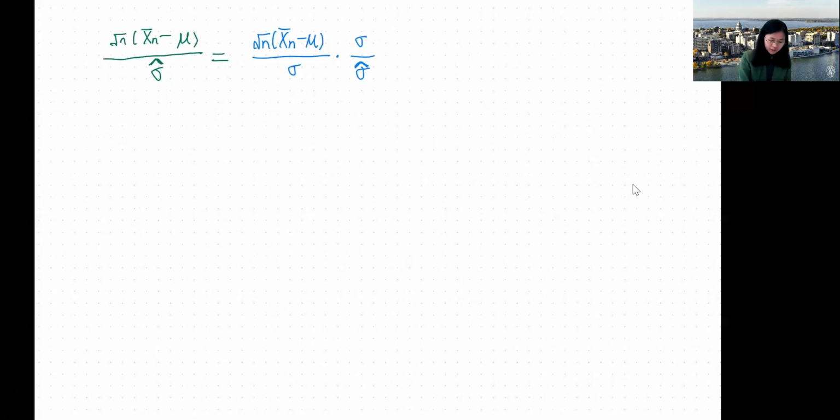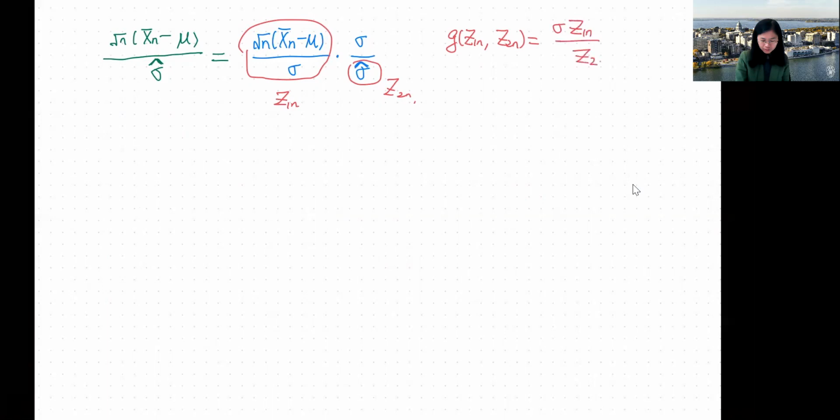If you call this Z1n, and you call this Z2n, then g of Z1n, Z2n equals sigma Z1n divided by Z2n.